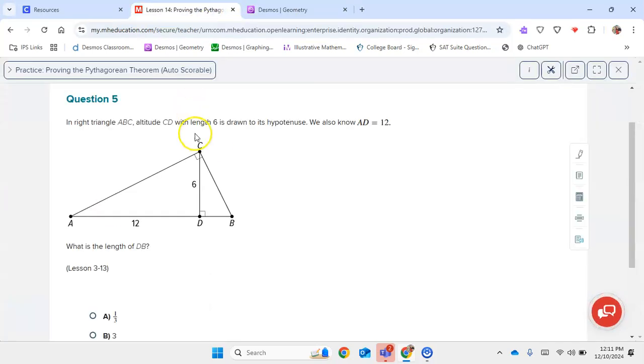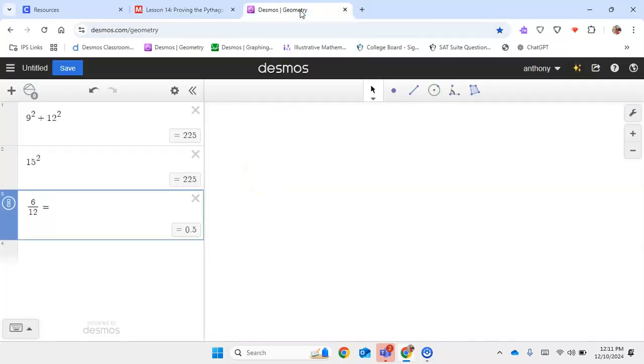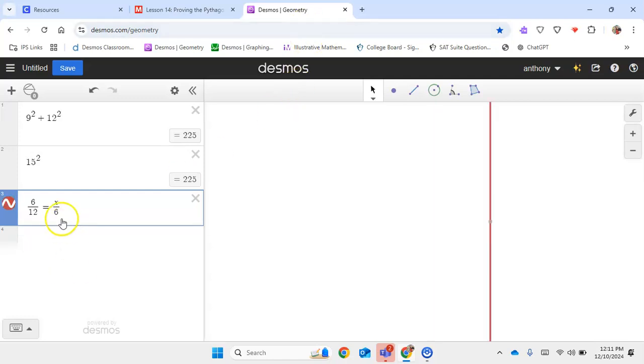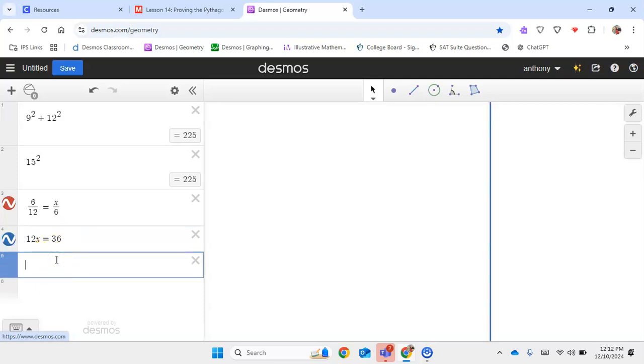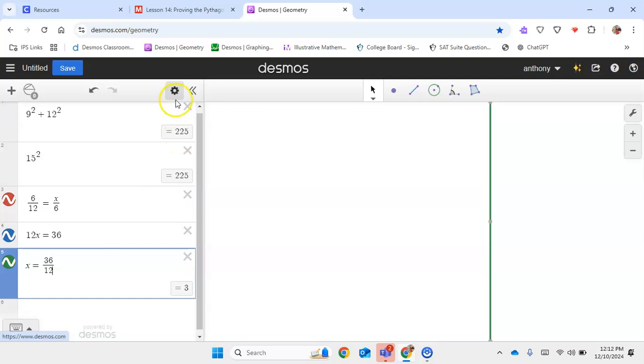And if we look at the small triangle, BCD, its short side is what we're trying to find, and its middle side is 6. So again, short over middle would be x over 6. 12 times x is 12x, and 6 times 6 is 36. 12x divided by 12 is x, and 36 divided by 12 is our answer, which is 3.